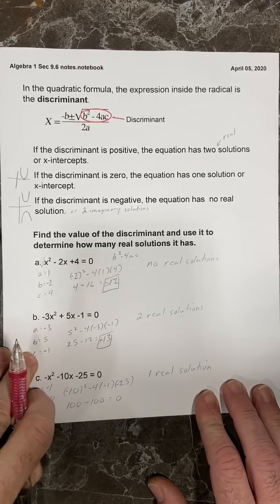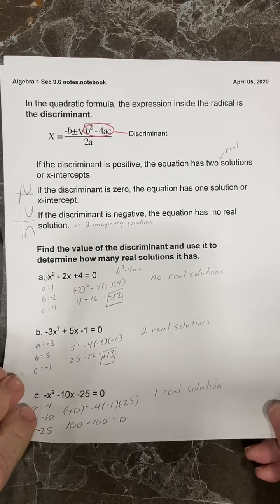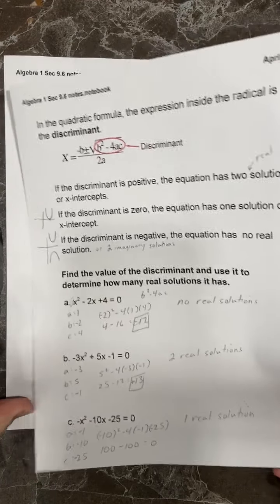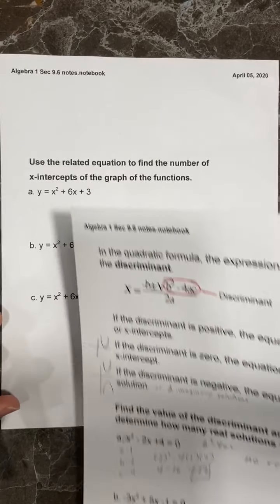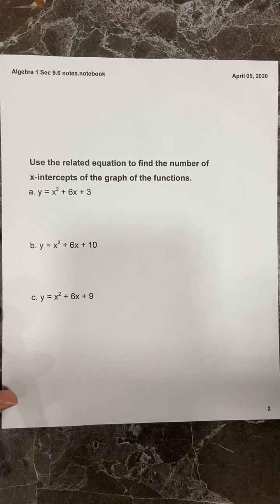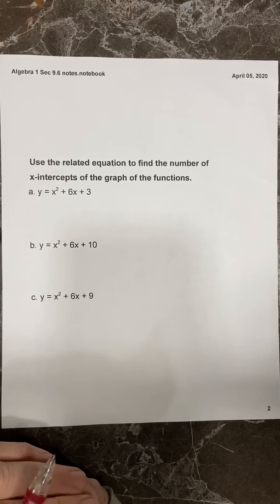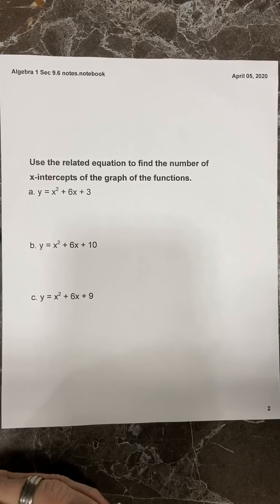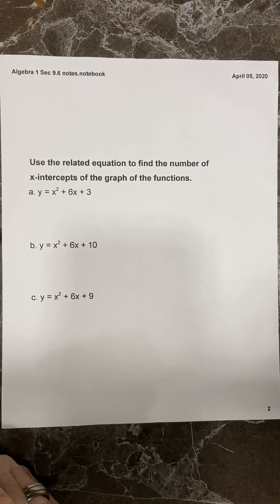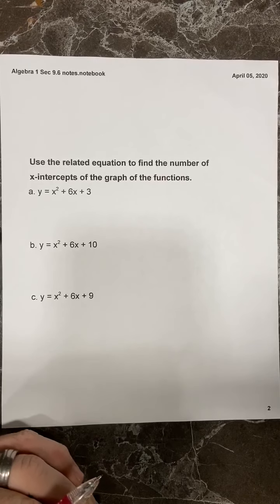All right. So that's one possible usage of the discriminant. The other possibility is very similar, right? Where you can use the related equation to find the number of x-intercepts of the graph of the function.